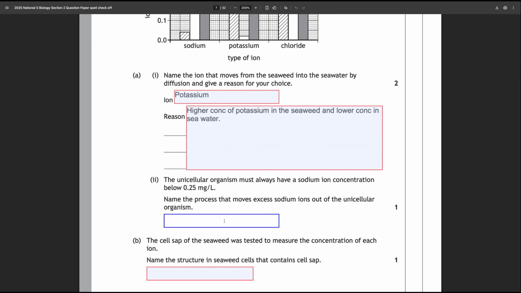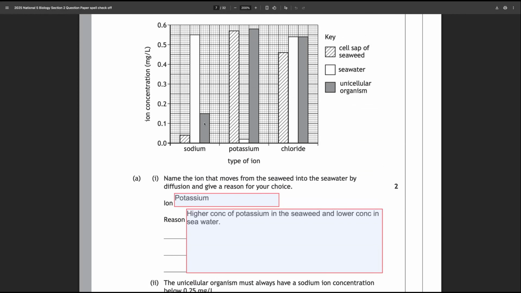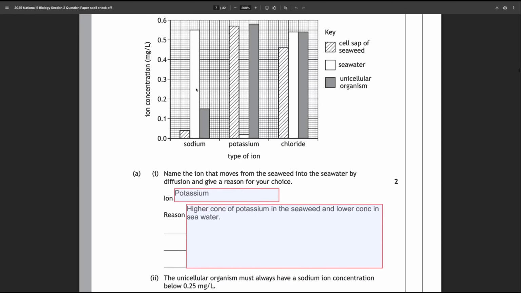Next question, the unicellular organism must always have a sodium concentration of below 0.25 milligrams per litre. Name the process that moves excess sodium ions out of the unicellular organism. Okay, so let's look at sodium and the unicellular organism. Now, we can see from this shaded bar, it's at 0.15. Okay, so relatively low. The seawater around it has much more sodium in it.